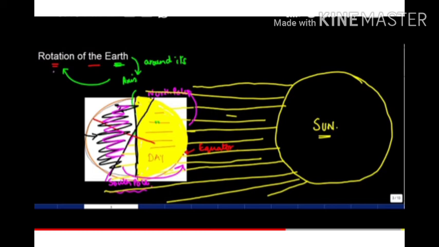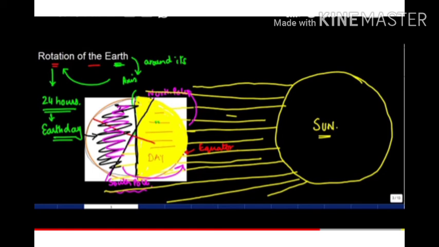So this one rotation, interestingly, is completed in 24 hours, and that's why we have this day of 24 hours. The earth takes around 24 hours to complete one rotation around its axis, and this 24-hour period is known as the earth day.